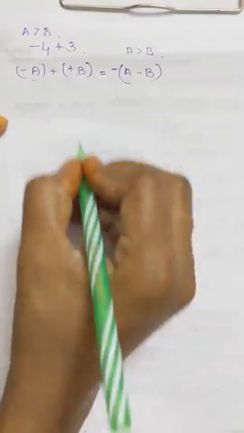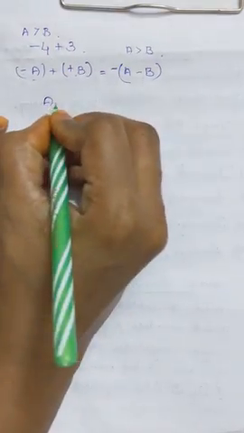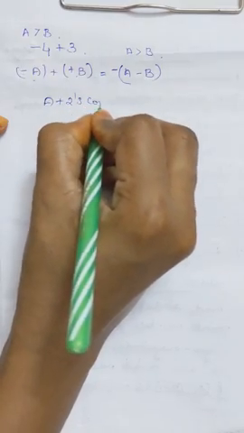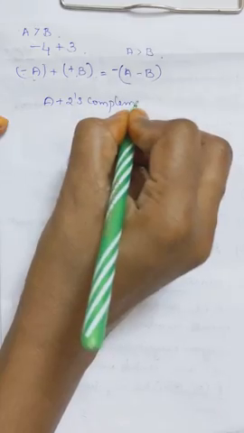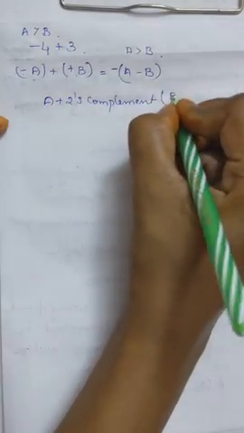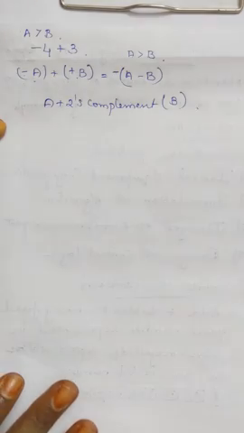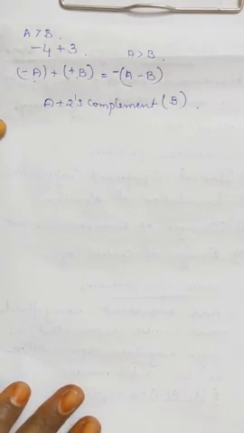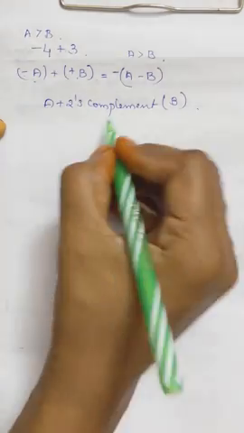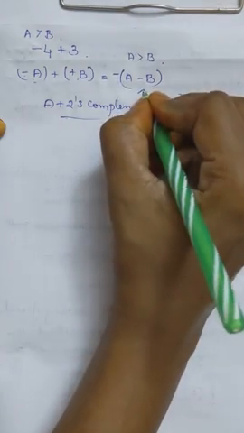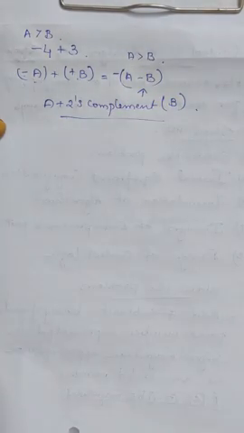So what you have to do is A plus the 2's complement of B. Here also you have to take A plus the 2's complement of B in order to get the result.